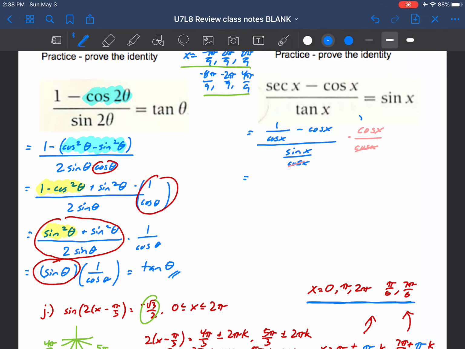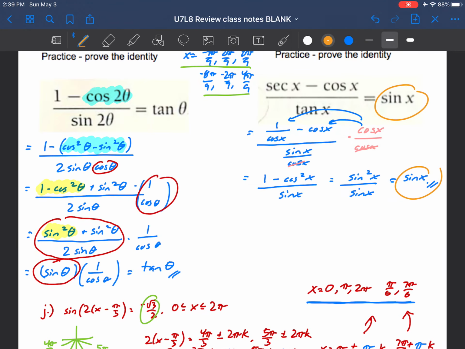This is the same thing as, and I'm going to distribute the cos x, 1 minus cosine squared x over sine x, which is equal to sine squared x over sine x, which is sine x. Done. So now we have sine x and sine x.